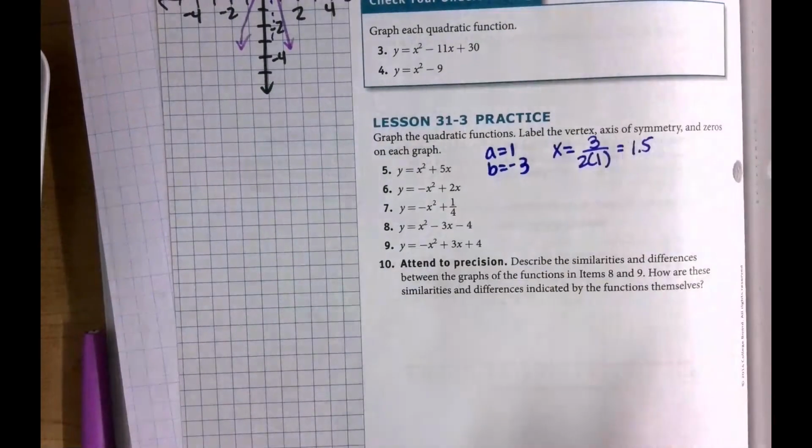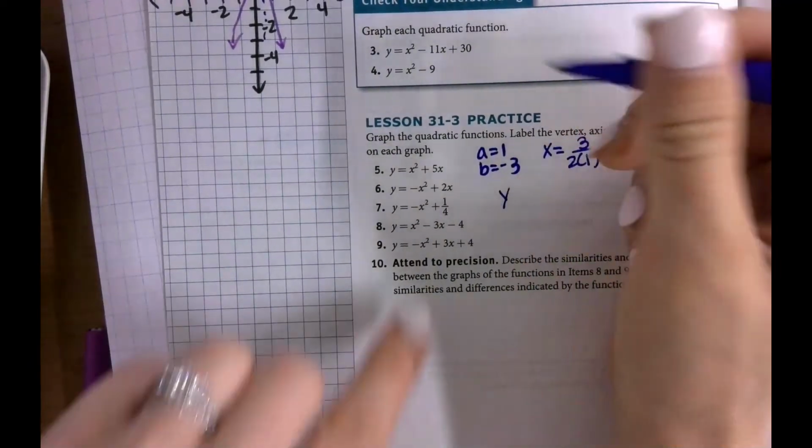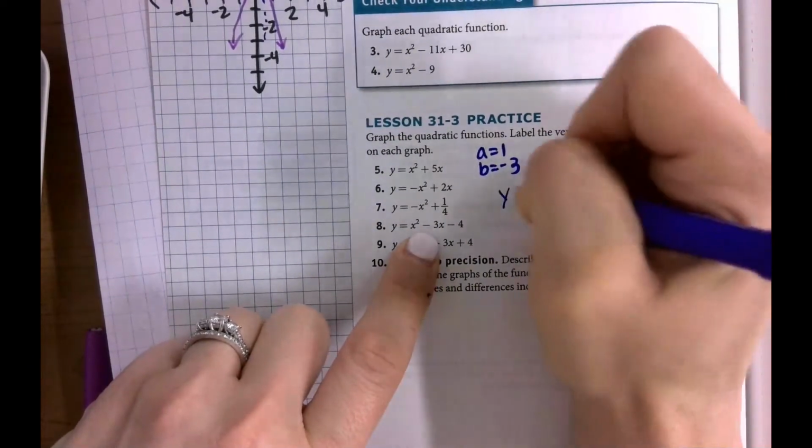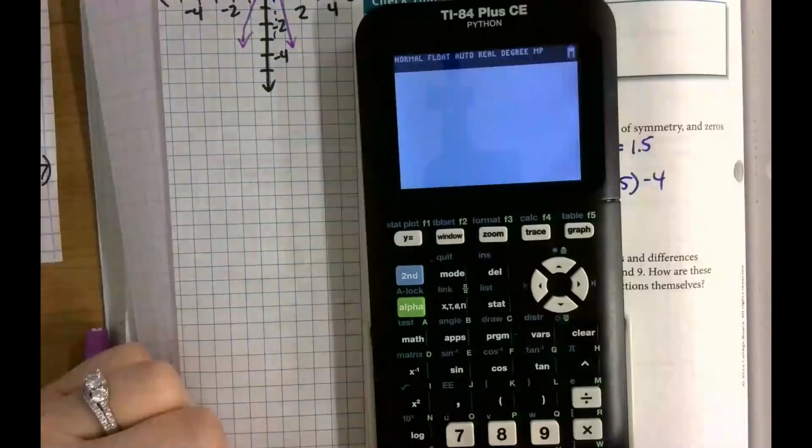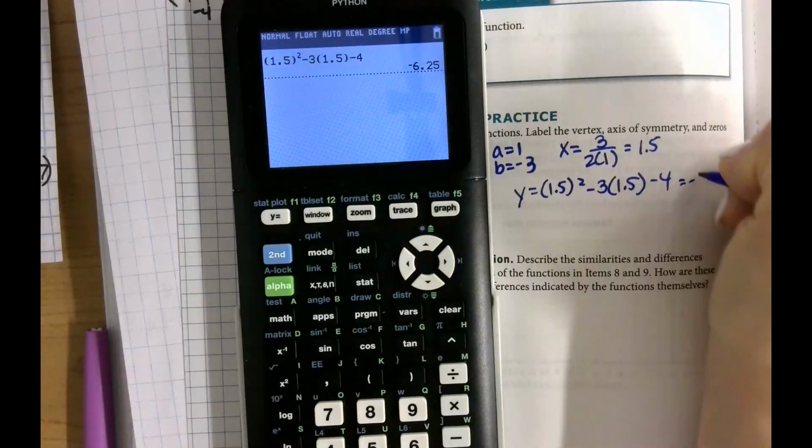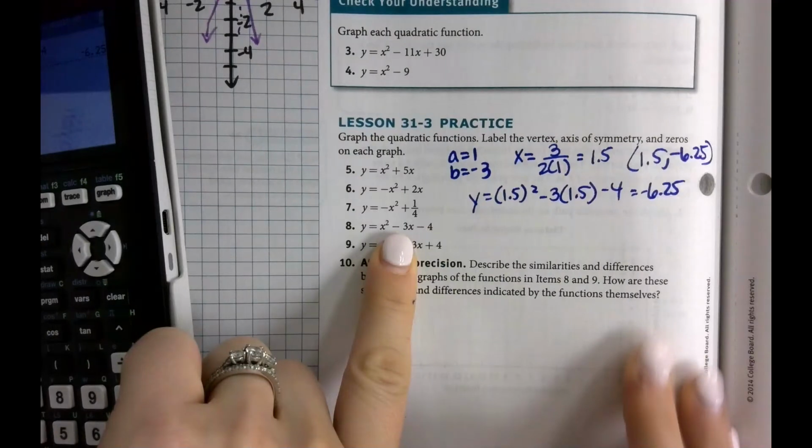So x equals 1.5. Then let's find our y value of the vertex. Y equals 1.5 squared minus 3 times 1.5 minus 4, which is going to be -6.25. So our vertex is 1.5, -6.25.